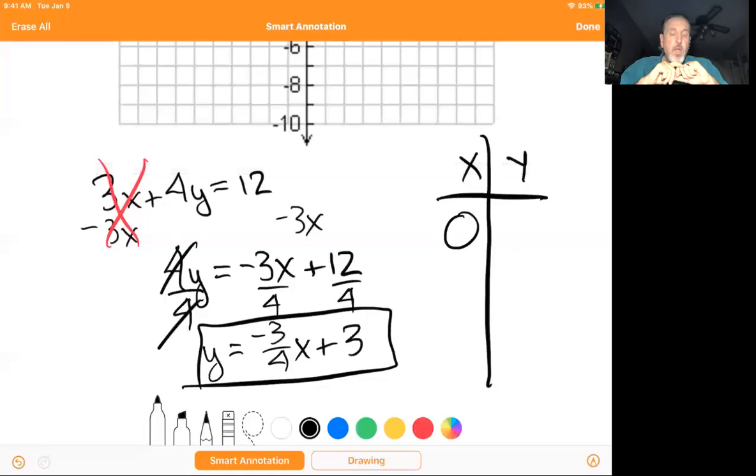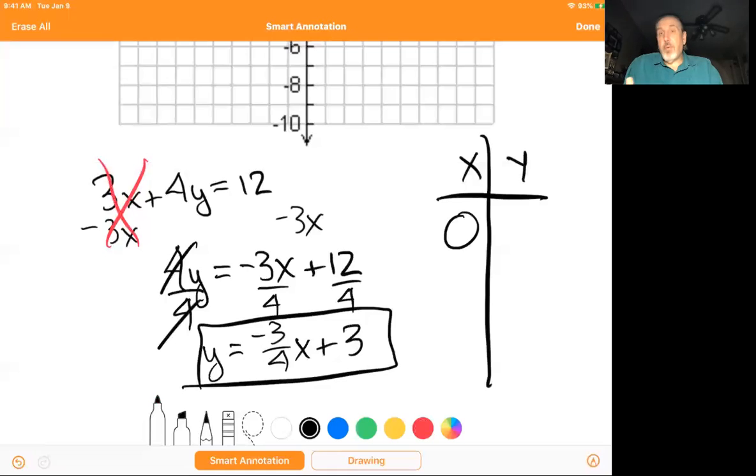Let me say that again. When you have a fraction in front of the x, the values of x you want to choose are multiples of the denominator. So what are multiples? Well, multiples of 4 would be like 4, 8, 12, 16, 20, and so forth, right? Negative 4, negative 8, negative 12, negative 16, negative 20. The reason you want to pick those multiples is because they will cancel out the fraction and you'll be left with a nice integer solution.